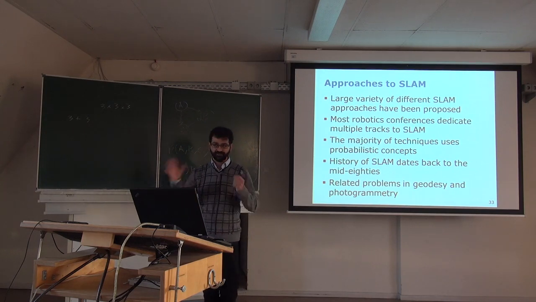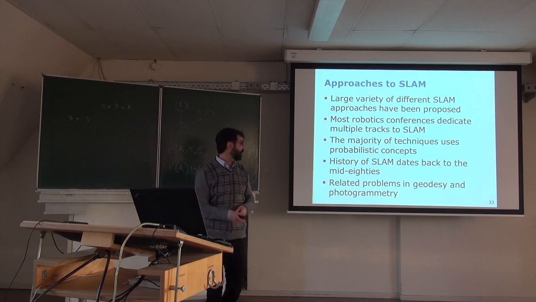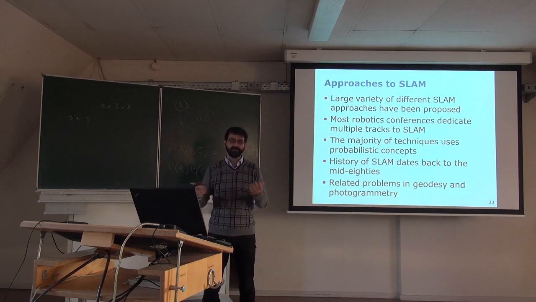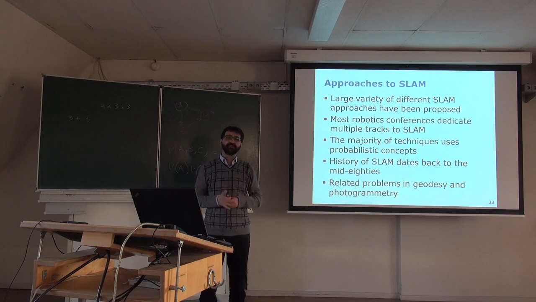They come from a different background. Photogrammetry comes from the explorers that went around the world and tried to draw maps of what they were seeing. They evolved, then they also got something called GPS, for instance, to get a better idea of where they are on Earth. So the problem is very similar.